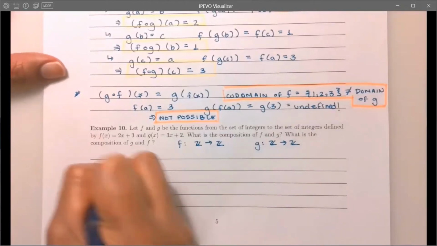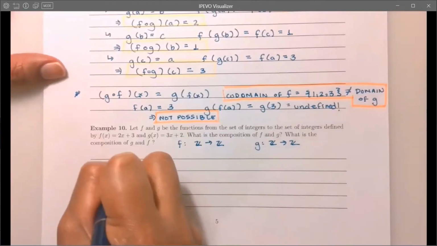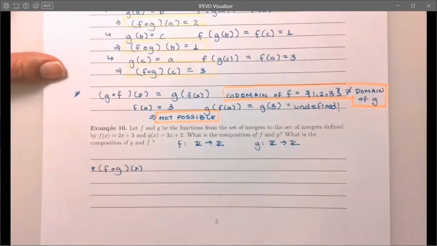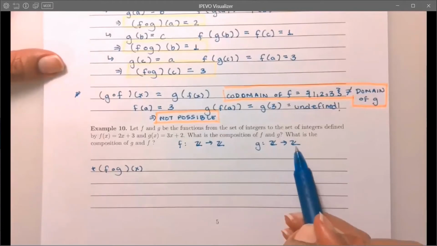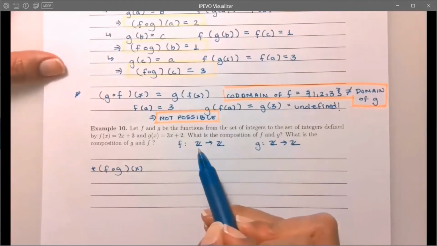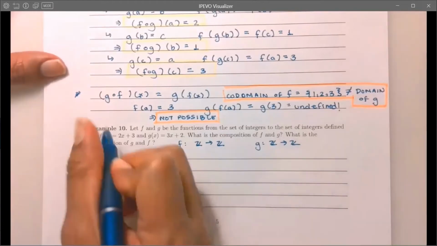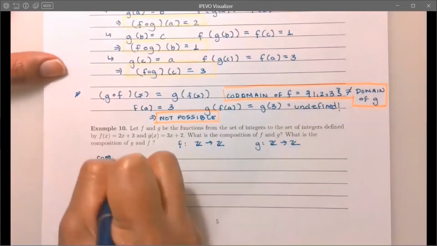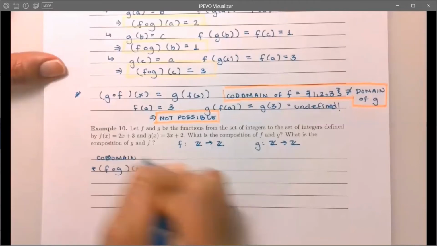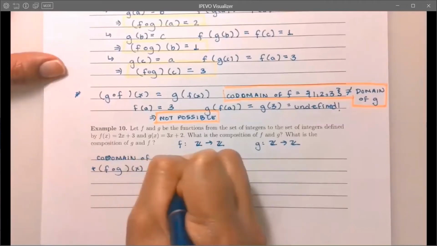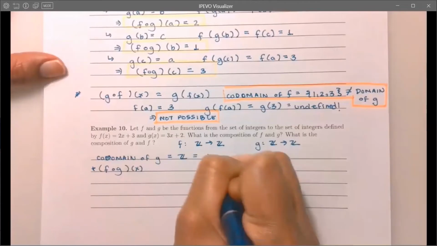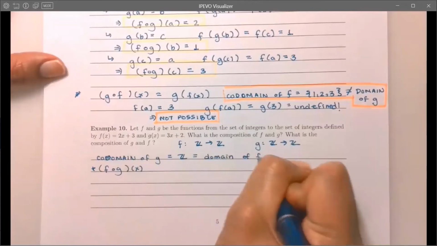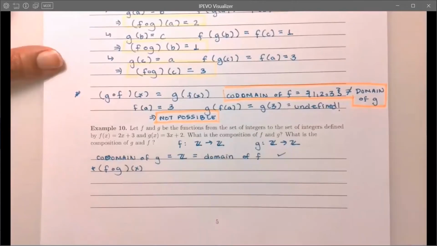So when we check whether we can compute f of g of x, what we would want to check is that the codomain of g agrees with the domain of f, and in this case it does work out. But just to write it out, the codomain of g is the set of integers, which is equal to the domain of f. Okay, so that checks out, which means we can proceed.